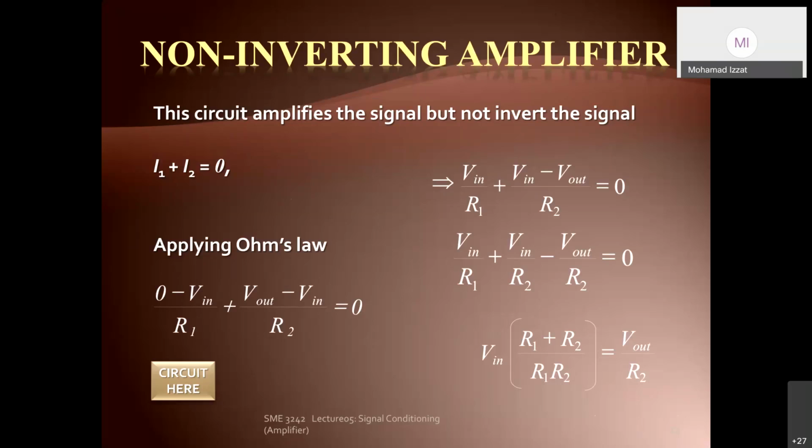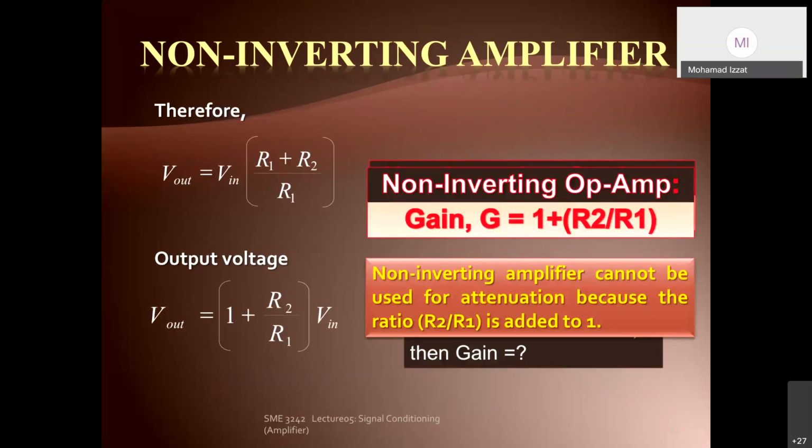You boleh ganti-gantikan I dengan voltage dan juga R punya term. Sebab last kali you nak V out over V in, because V out over V in adalah gain punya term. So all we interested is on the gain value, how to get that. Okay.